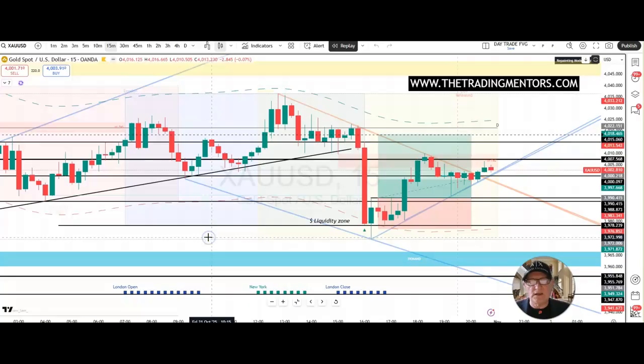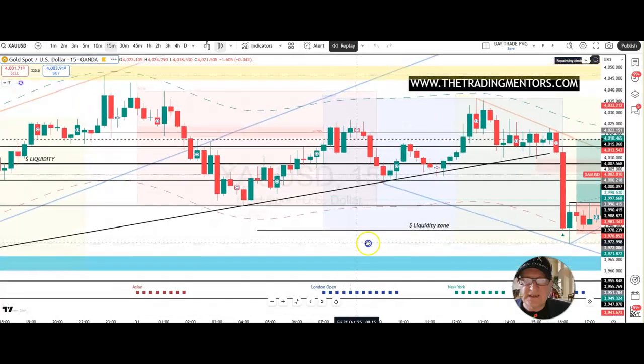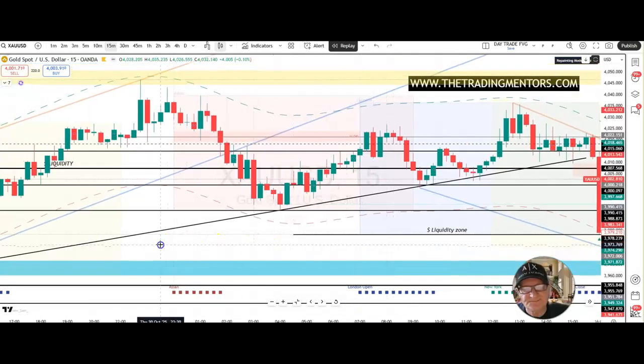So if you see that gold is acting really aggressively to the upside or the downside, you've got it breaking through a liquidity zone, a previous session high, if you have an outside bar, then just go to your 15-minute chart and look for the close of that positive candle in this instance, and then go for the limit order to actually get that pending order in.